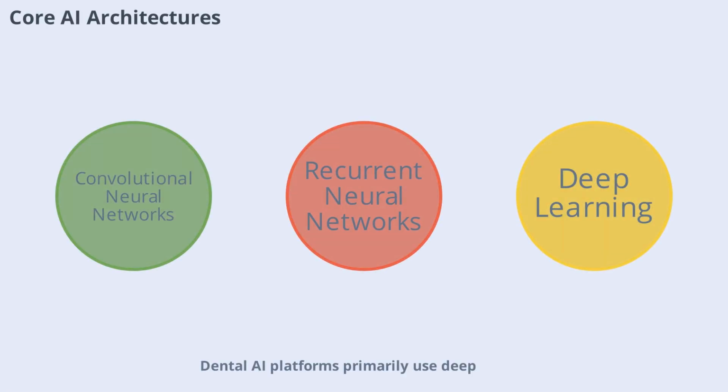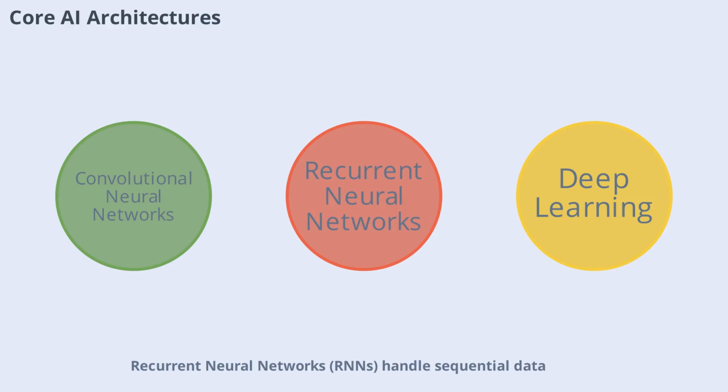Dental AI platforms primarily use deep learning architectures inspired by the human brain. Convolutional neural networks, CNNs, process image pixels to identify features like edges, textures, and shapes, excelling at tasks such as caries detection and bone loss evaluation.